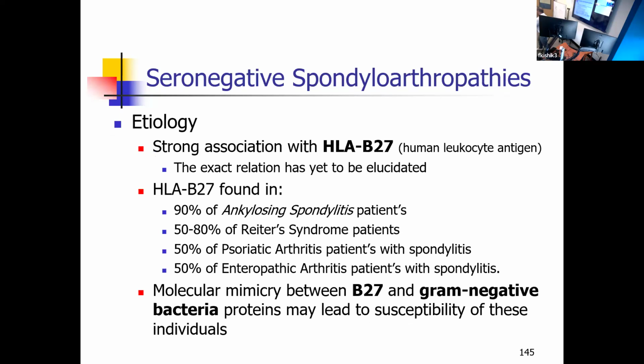Now, they vary axial, peripheral, in the GI gut, psoriasis, and so forth, but there is a common denominator amongst all four. And that common denominator is this antigen called HLA-B27.